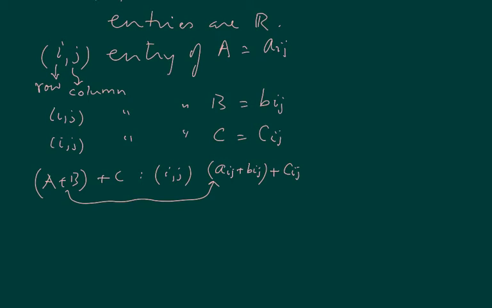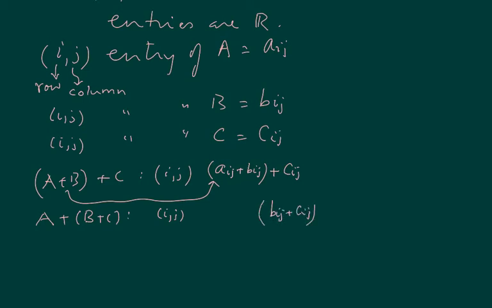If, on the other hand, you were to have done your addition in this form, the ij position of this entire sum would be gotten by, first, getting the ij entry of this matrix, B plus C, and that is given by bij plus cij.